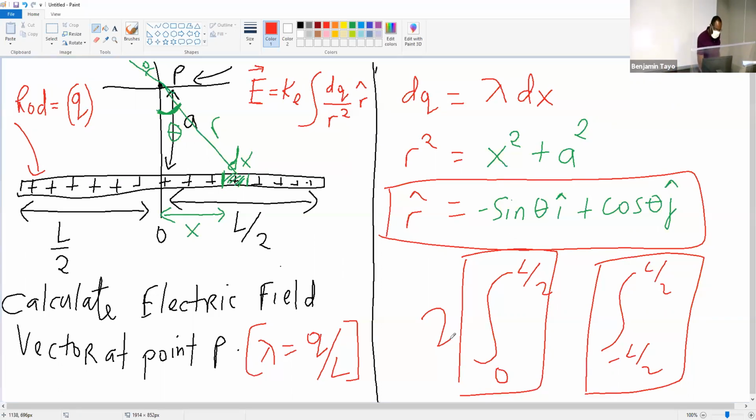Because this point is my reference point here, I can say that this is plus L over 2, and this is negative L over 2. But the key point is this unit vector here, because if this unit vector is wrong, everything is going to be wrong.